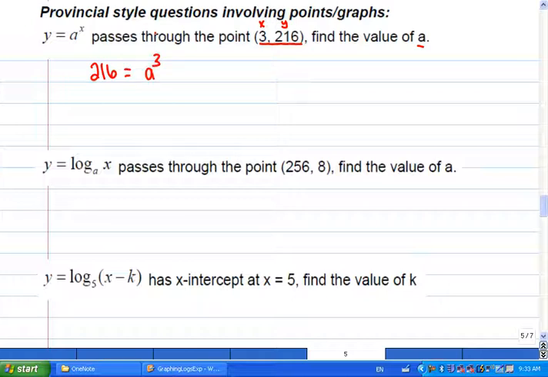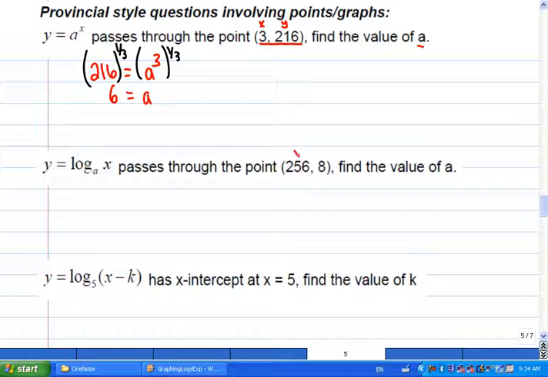And if we're trying to figure out what this is, if we raised both sides to the 1/3, the cube root, then I'll end up with a is 6.